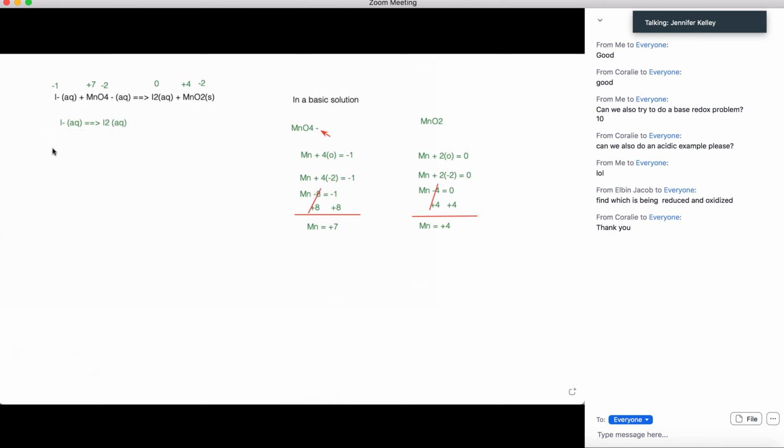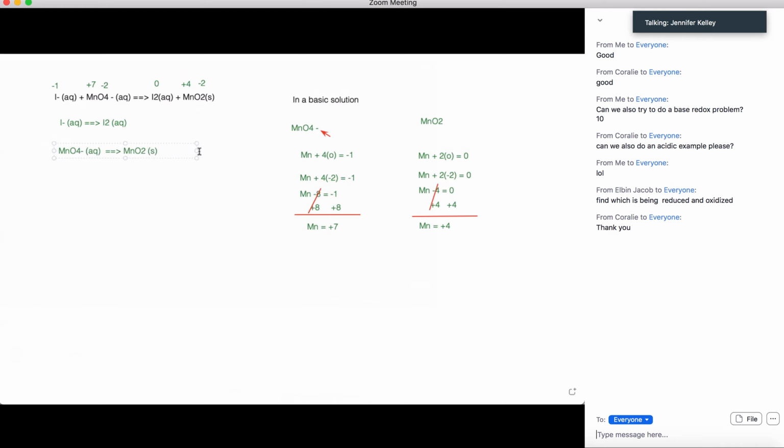Okay, so there's one half reaction. Now we're going to do the other half reaction. MnO4 minus aqueous makes MnO2 solid. And you may wonder, why is it solid if it's in an acid?